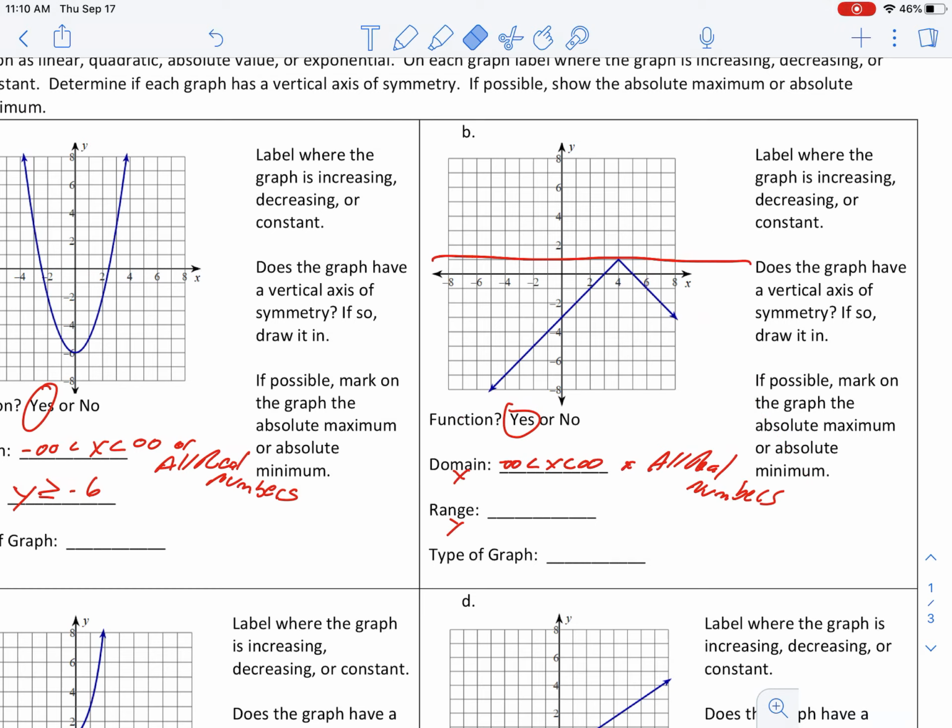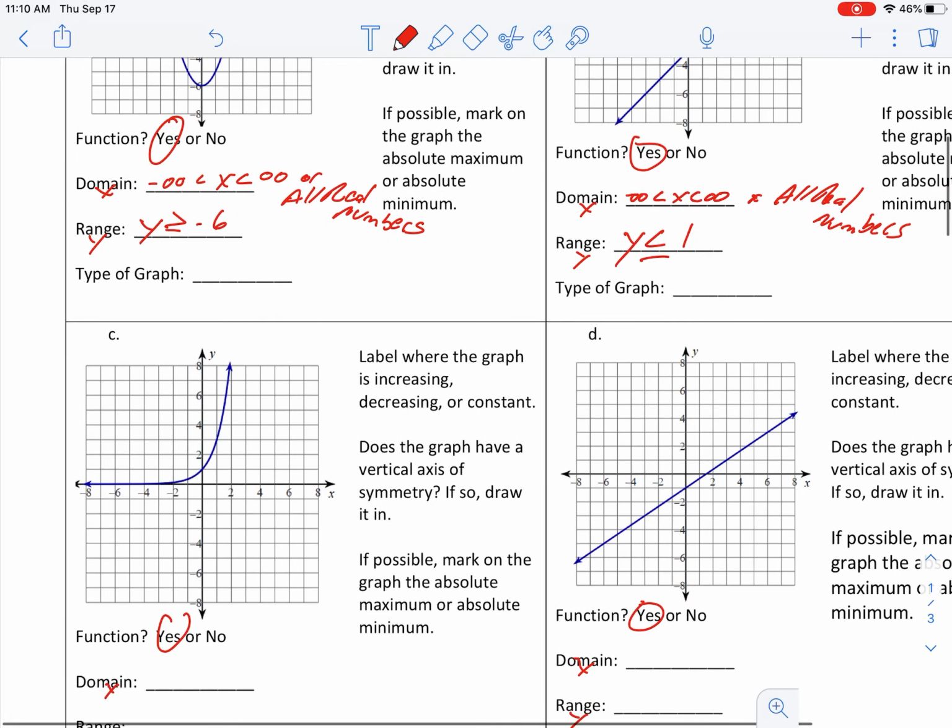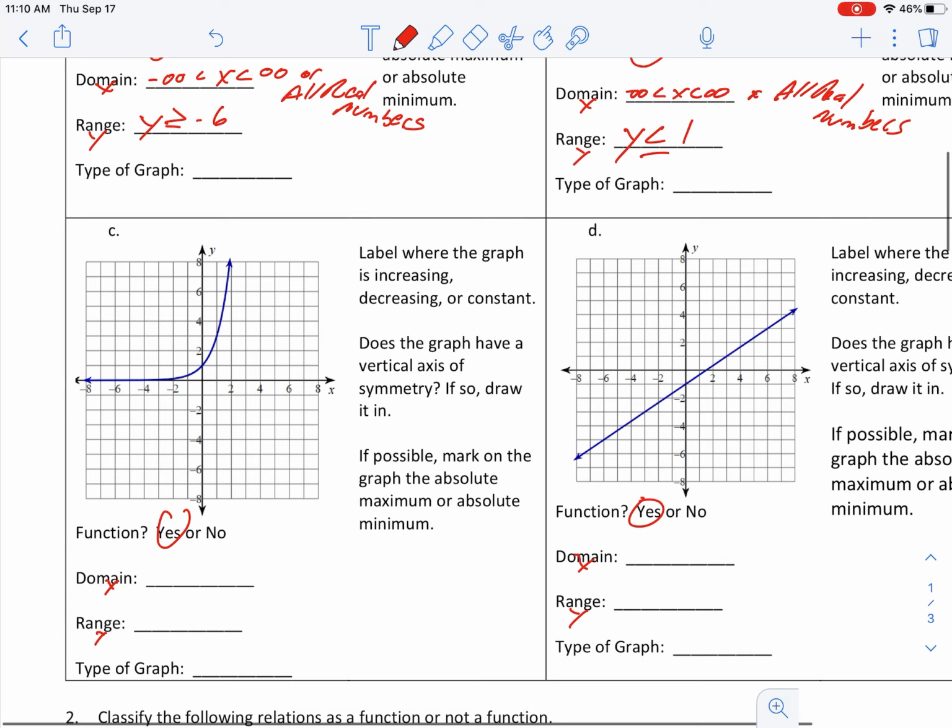I do not have a floor because it's continuing to open down on both the sides. So I want everything below that ceiling, everything below for the range of y is less than or equal to 1. Again, I use an equal to sign because right here at the maximum, that is a solid. Solids mean or equal to.